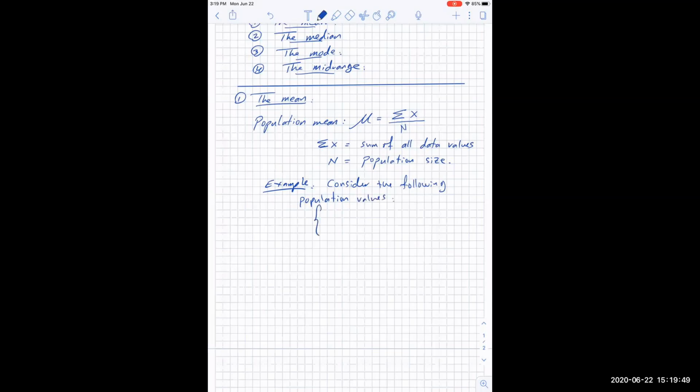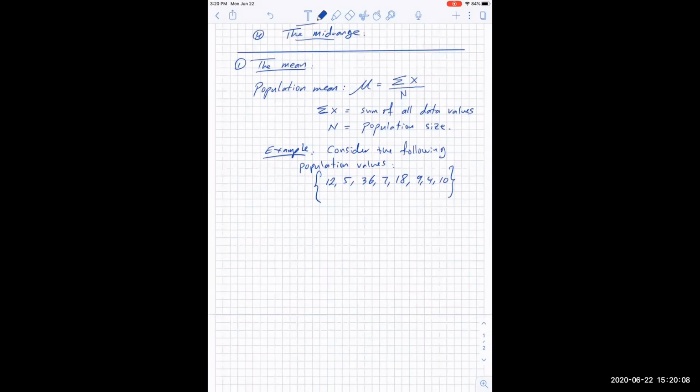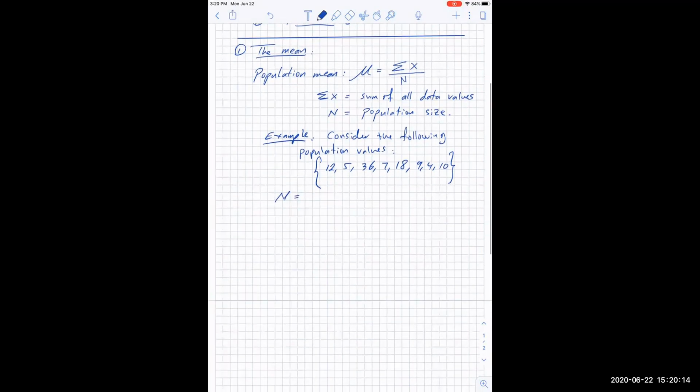So we're talking about all the numbers we have in this set. 12, 5, 36, 7, 18, 9, 4, 10. Let's see how many data values we have. N, capital N, the population size. 1, 2, 3, 4, 5, 6, 7, 8. We have 8 values.